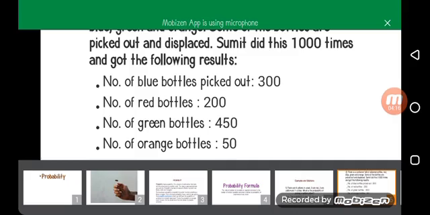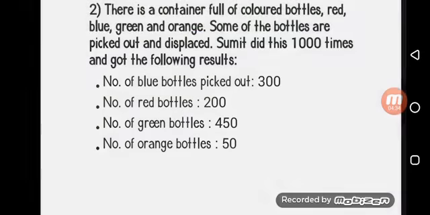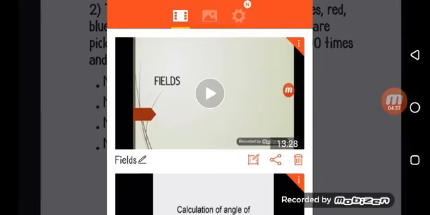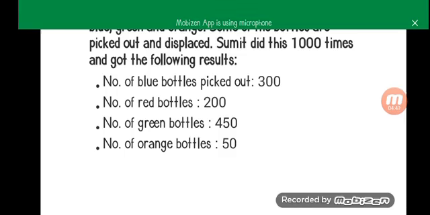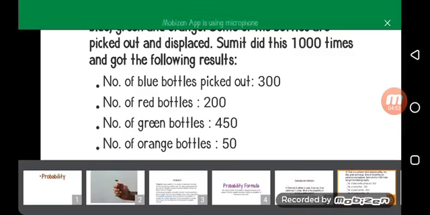So this question says there is a container full of colored bottles: red, blue, green, and orange.